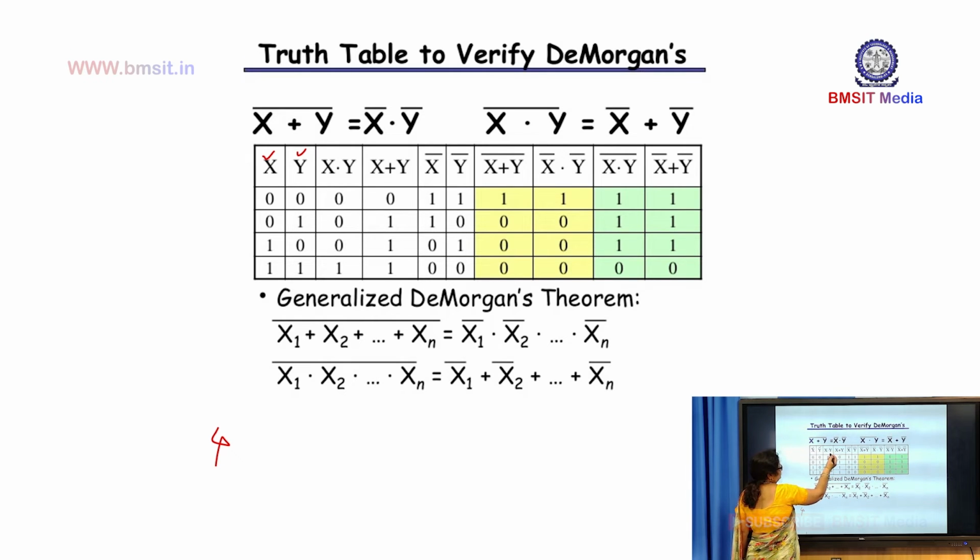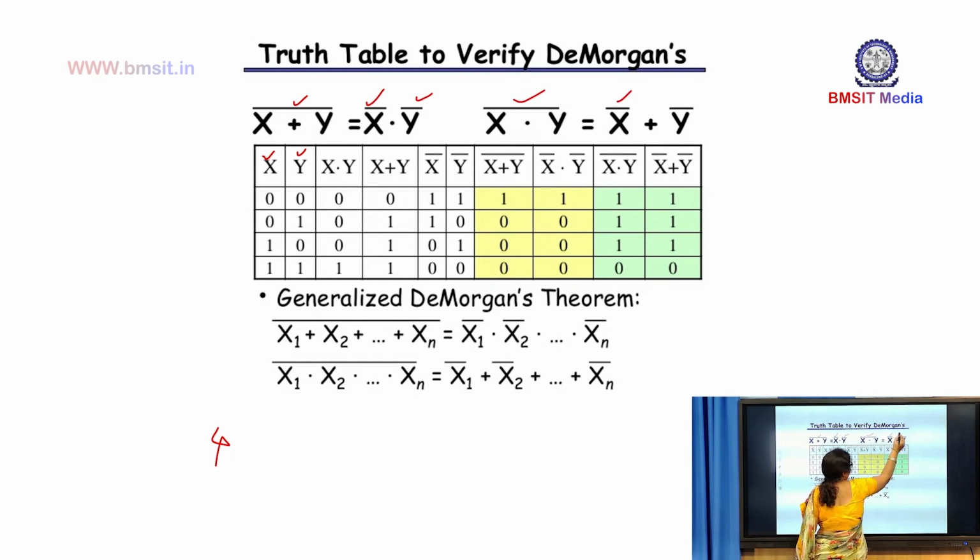So x into y I require, x plus y I require, then x bar, y bar, (x plus y) whole bar, and then (xy) bar, then the product of these complements and the sum of the complements. Every term has to be calculated for all the combinations of the input.